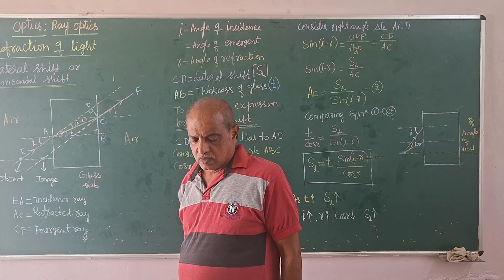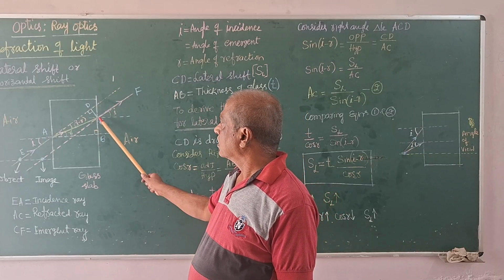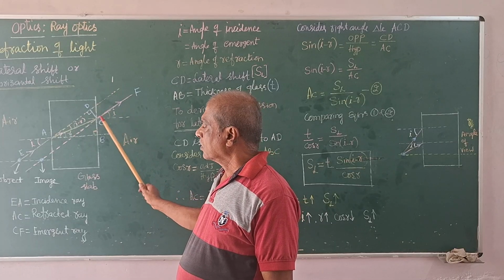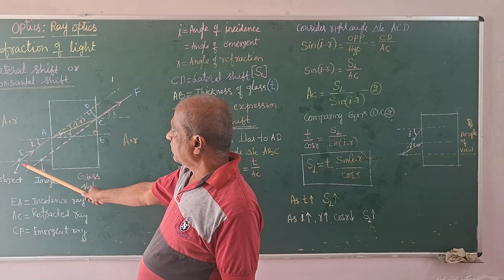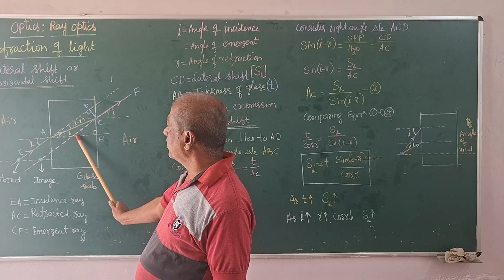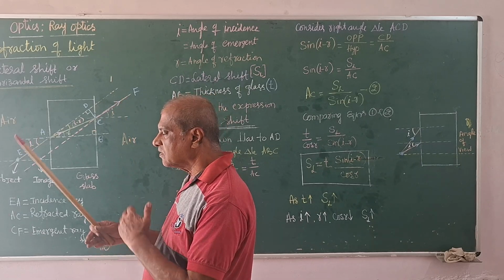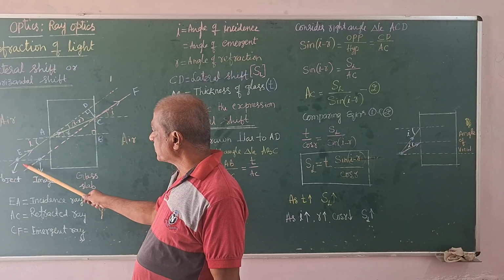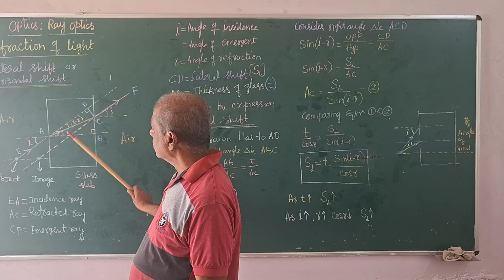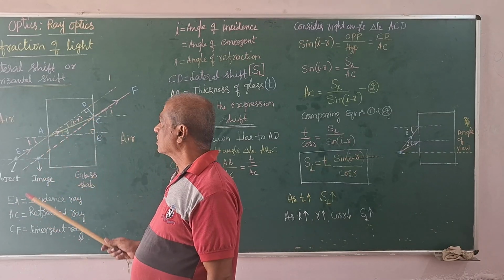This is the expression for lateral shift. Here, the ray is shifted towards the right if the object is kept in the rarer medium, passing to the denser medium and viewed in the same medium. Suppose you reverse it, the object is kept in the denser medium and viewed in the denser medium through the rarer medium. What would be the effect? The same, but opposite.